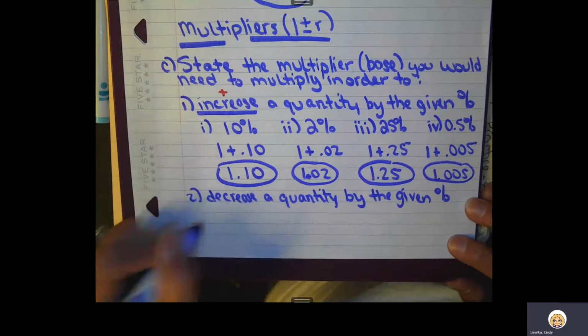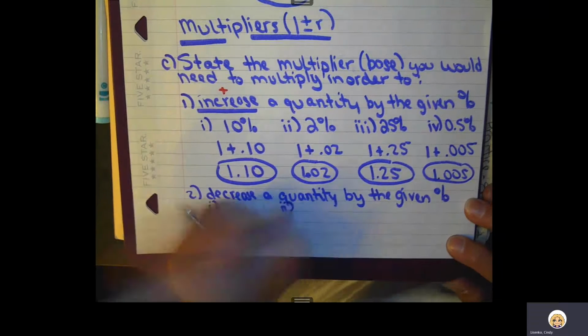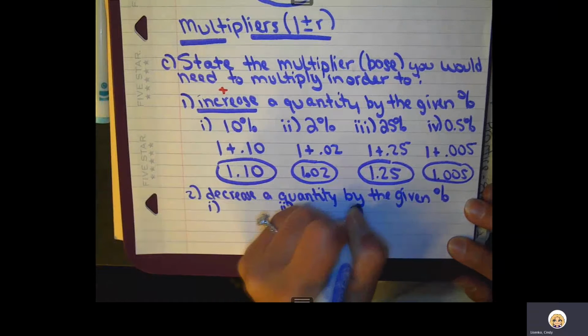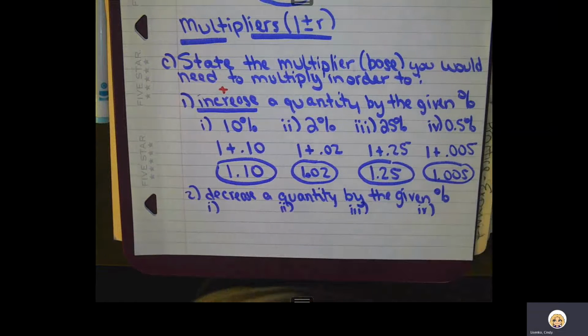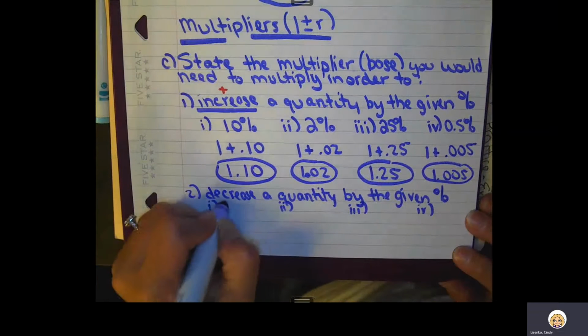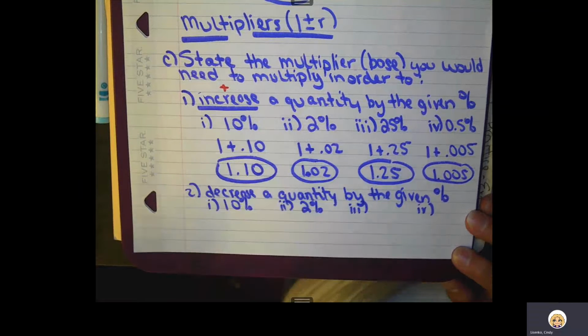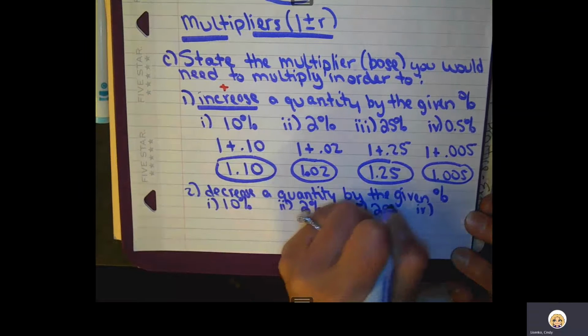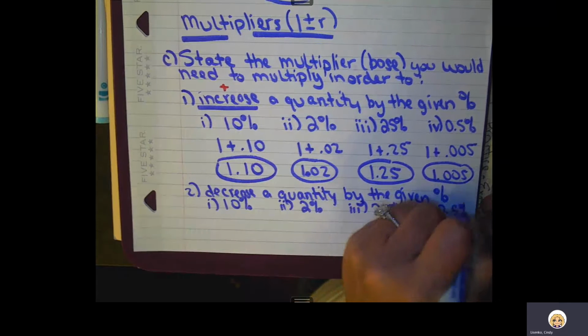So I'm going to do example I, which is 2, 3, and 4. I'm going to use those same 4 percents. So the first one's going to be 10%, second one's going to be 2%, third one's 25%, and fourth one 0.5%.